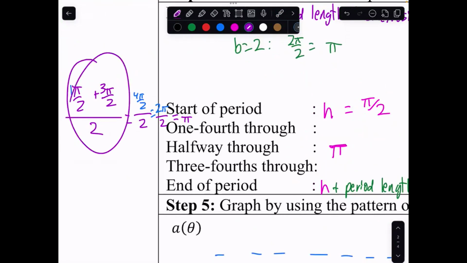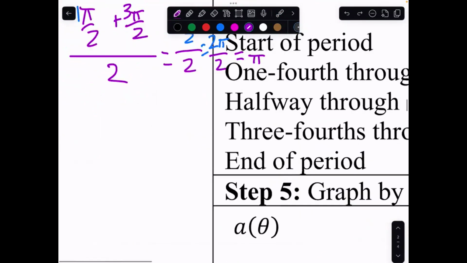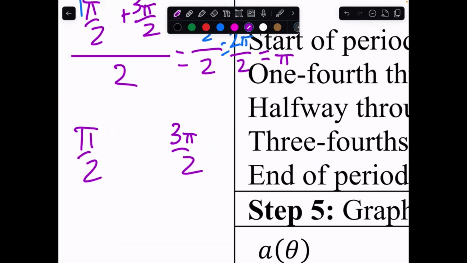We could do this complicated fraction within a fraction thing, but there's a better way to approach it. Okay, so let's think back to the original problem, right? When I asked you what's halfway between pi over 2 and 3 pi over 2. Okay, well, we know that anything you can call an invisible coefficient of 1. Okay, so 1 pi over 2 and 3 pi over 2.